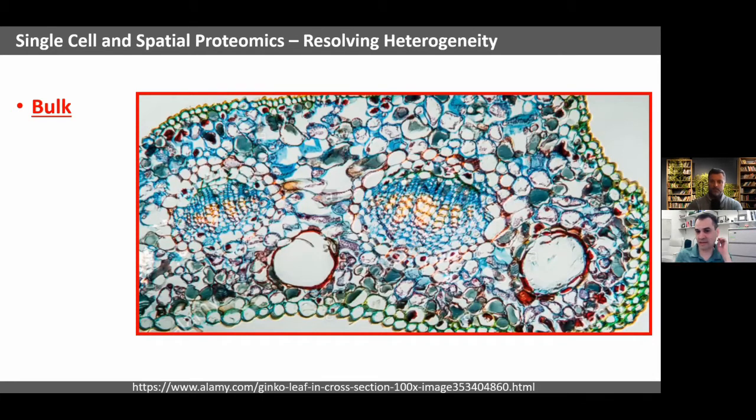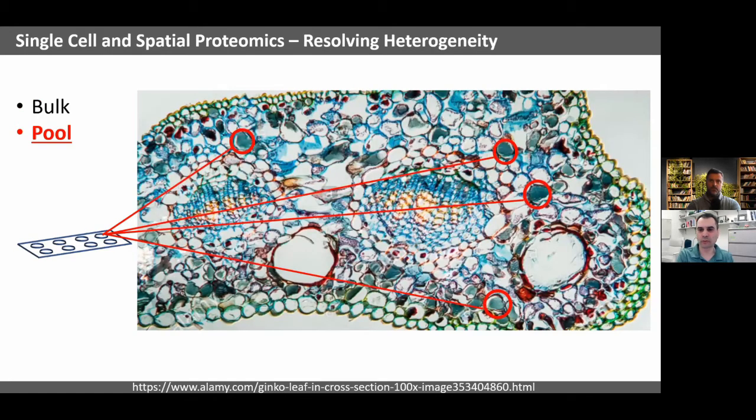So the good thing about that is it gives you plenty of depth of proteome coverage when you're not limited in your sample amount, but clearly information is lost when you're averaging across all these disparate cell types and subtypes.